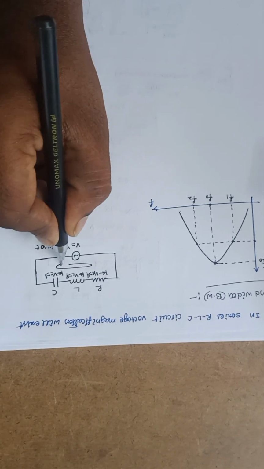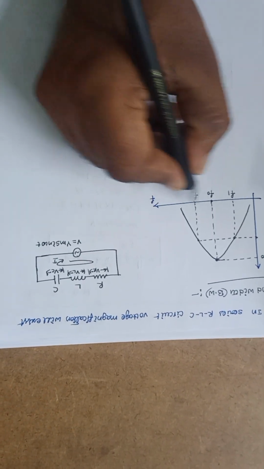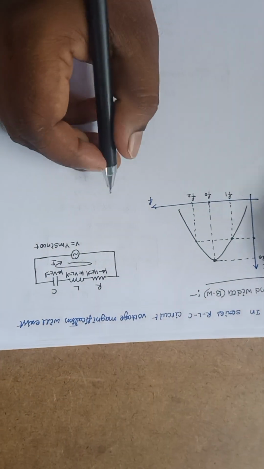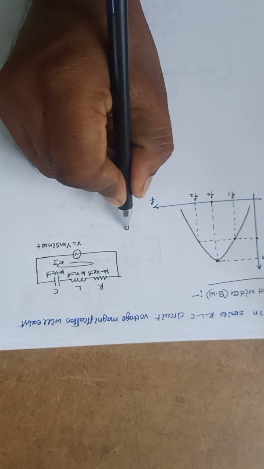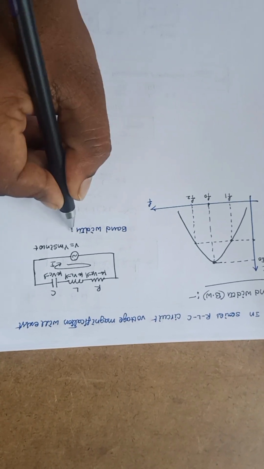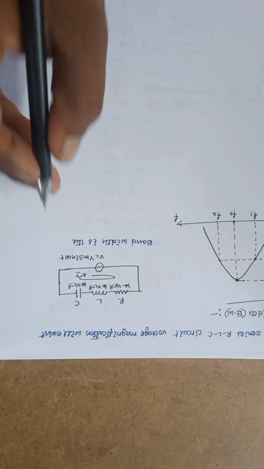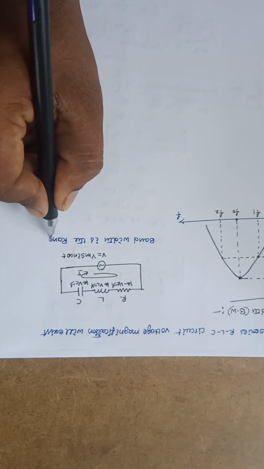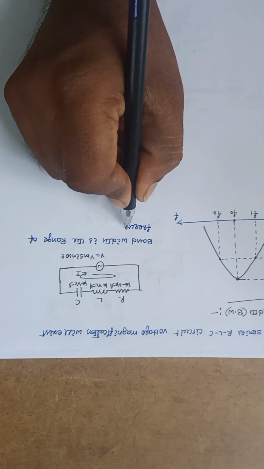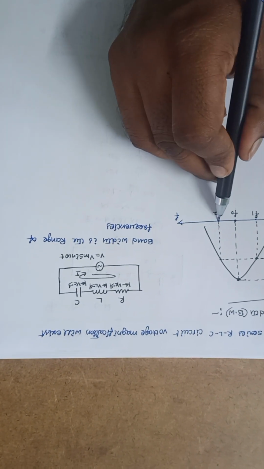Okay, current will circulate like this, I. Okay, so this current versus the frequency graph will be like this. Bandwidth, it is defined as bandwidth is the range of frequencies. So here this is the bandwidth.